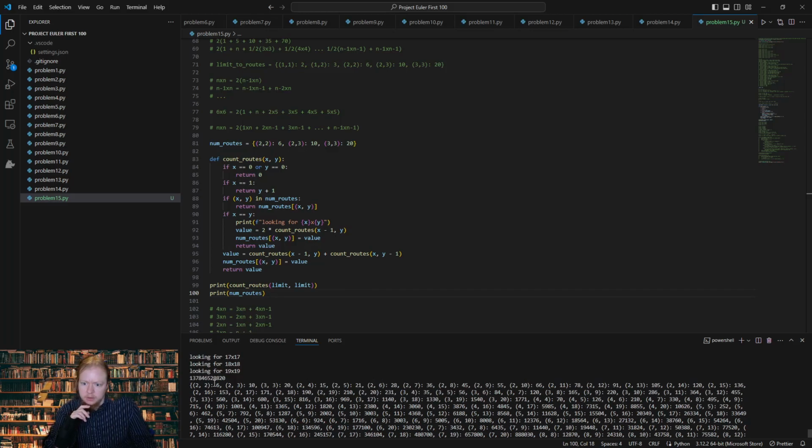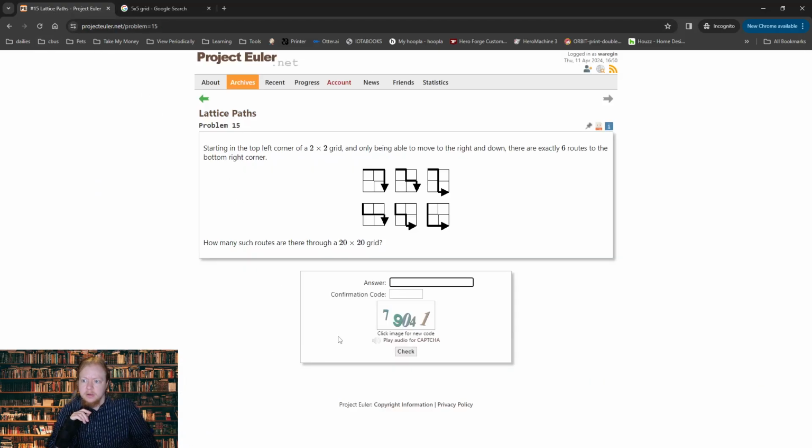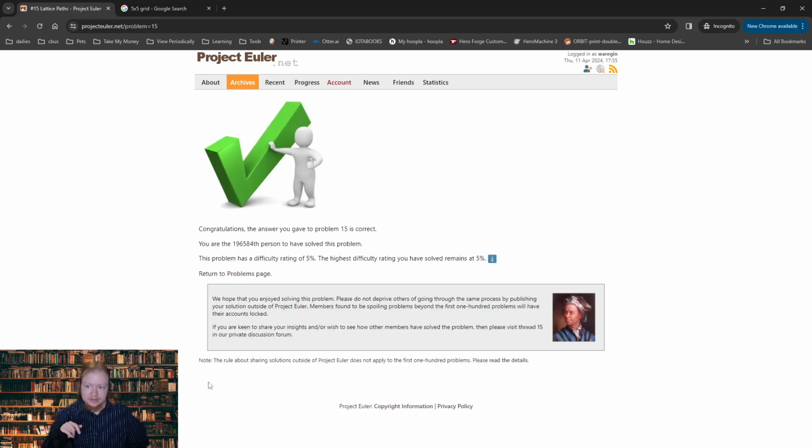Okay, one more time. Let's see if this is the correct answer. I have checked the answer so many times that Project Euler is like, you sure you're not a bot, though? Goodness.